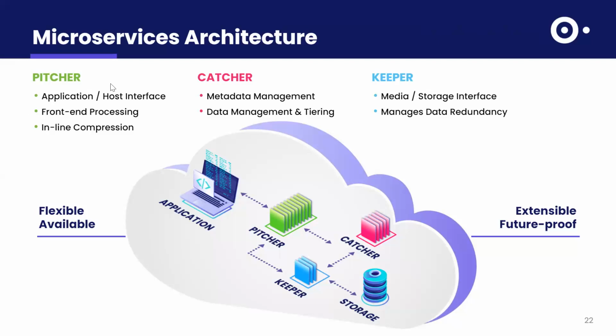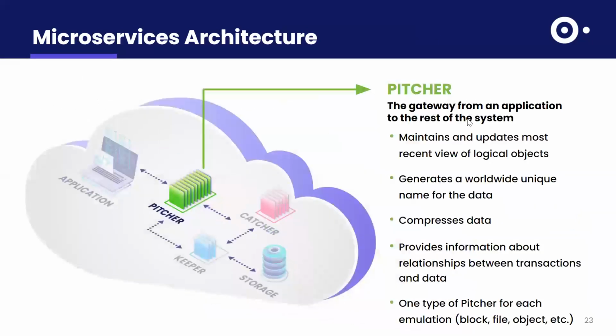So the front end, the pitcher here, seen by green, is the gateway. It's what emulates the disks to the applications. So this is the front end of our presentation. It maintains and updates the logical view that the applications can see.